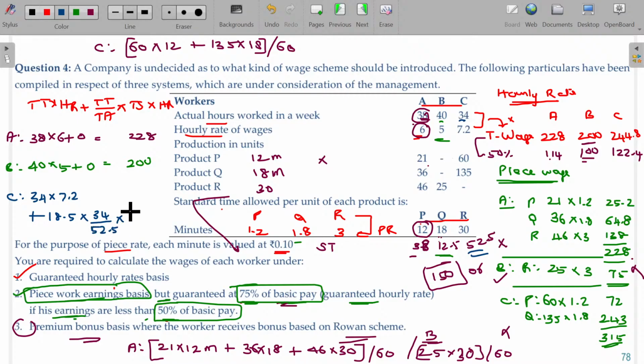Hourly rate here being 7.2. So 331.06. So A, B are not eligible for incentive, but C is eligible for incentive here. Are you getting this? 331.06.